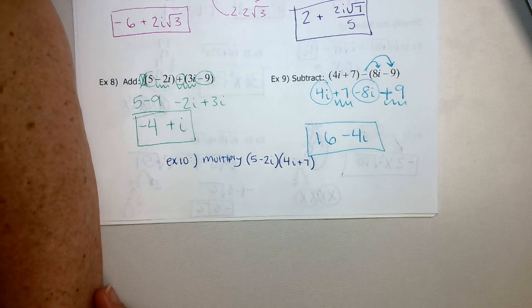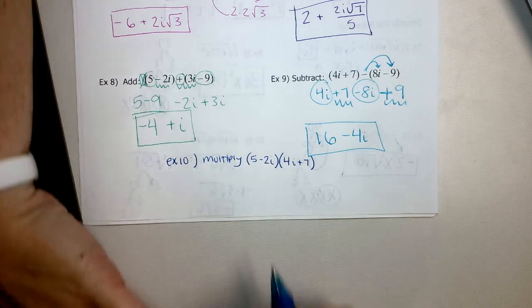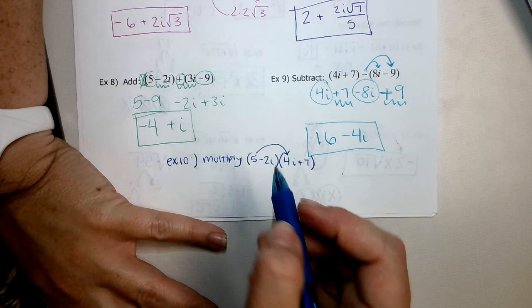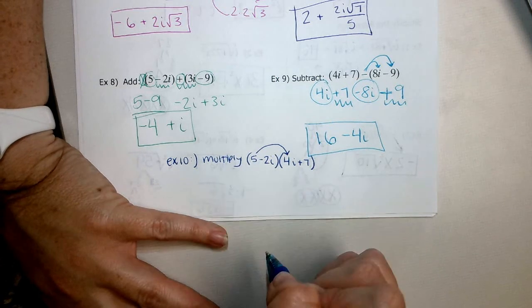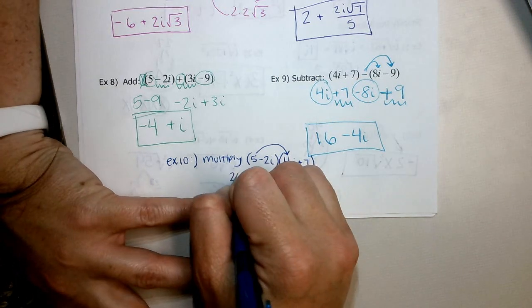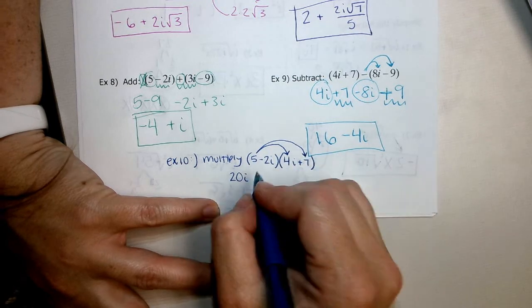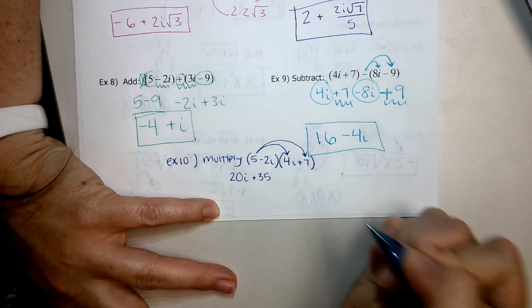Double distribute. Okay? So I'm going to do 5 times 4, which is what? I want you to realize, sorry, 5 times 4i. Well, that's 20i. 5 times 7 is 35.